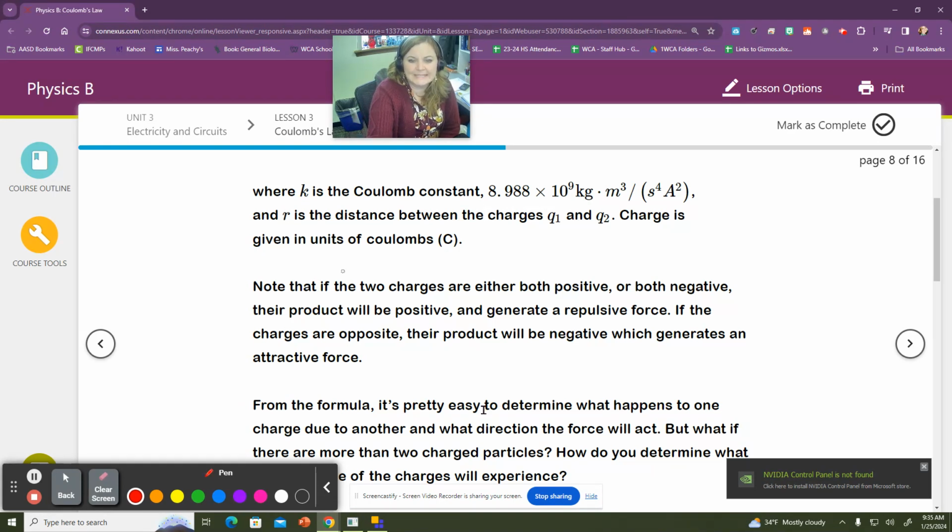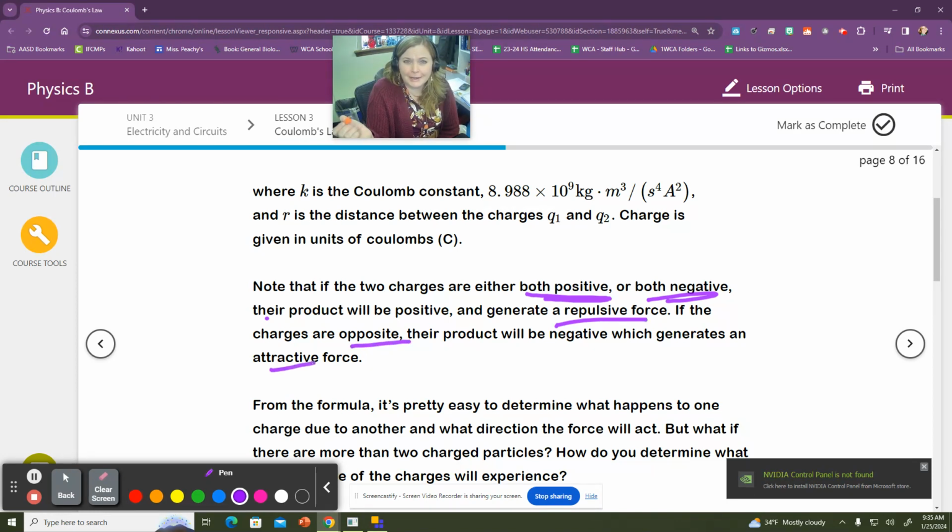So if they're both the same, this is kind of cool if you ask me. If they're both positive or both negative, then you get repulsive. So if they have the same charge, they repel. If they're opposite, then they attract.